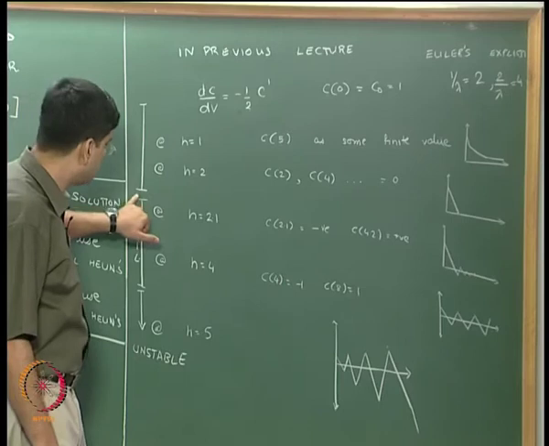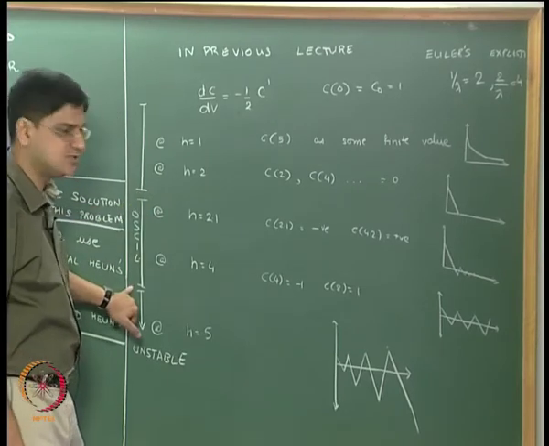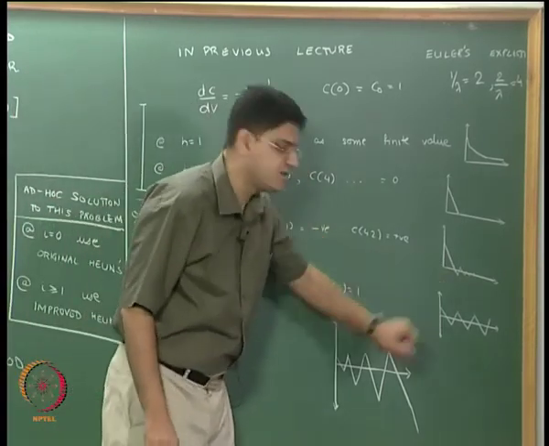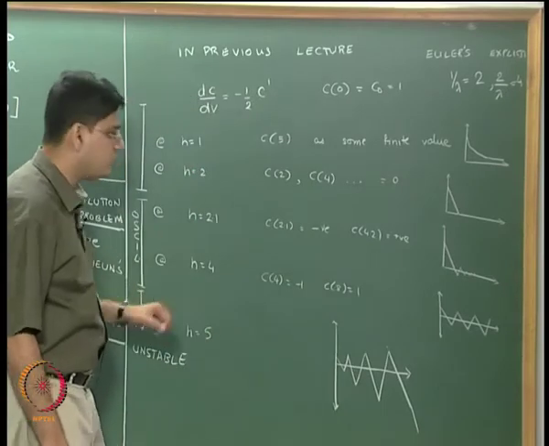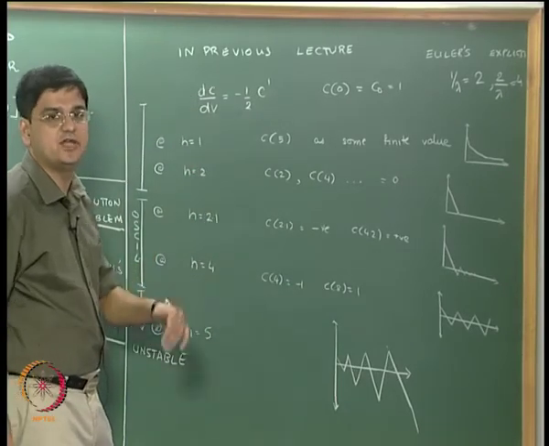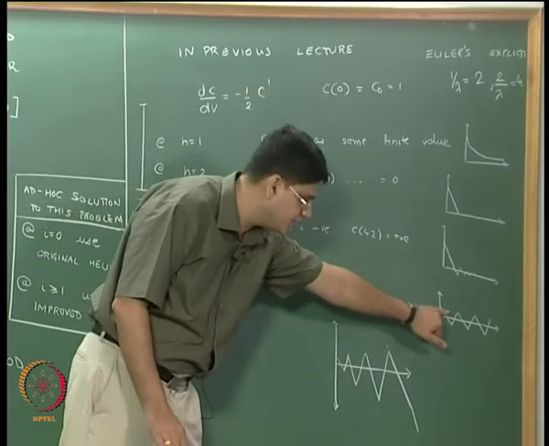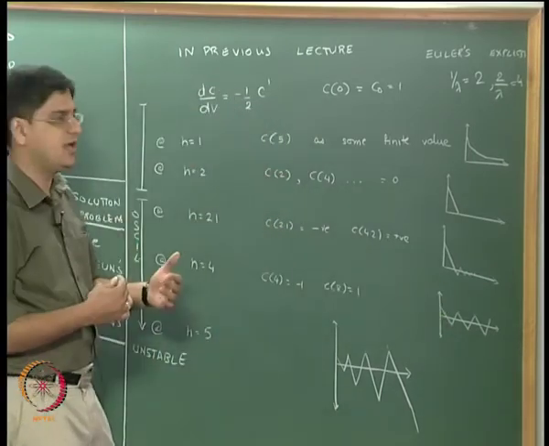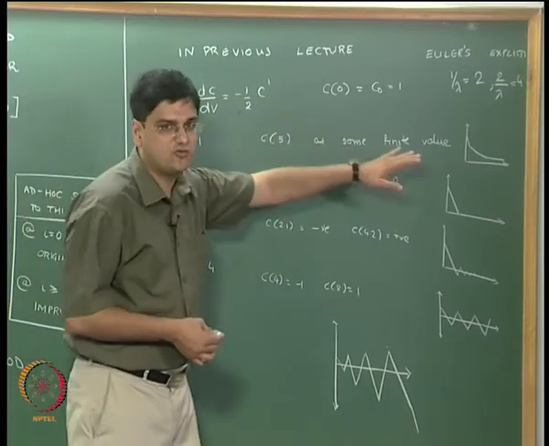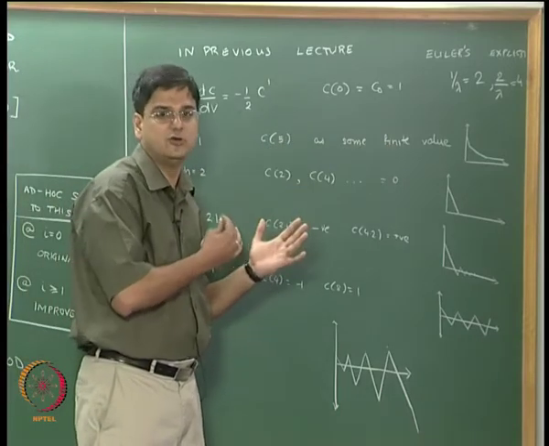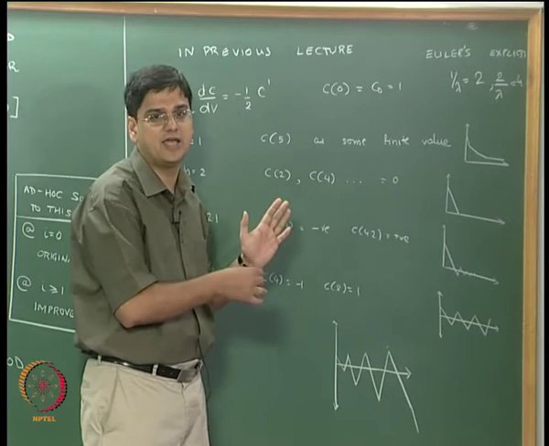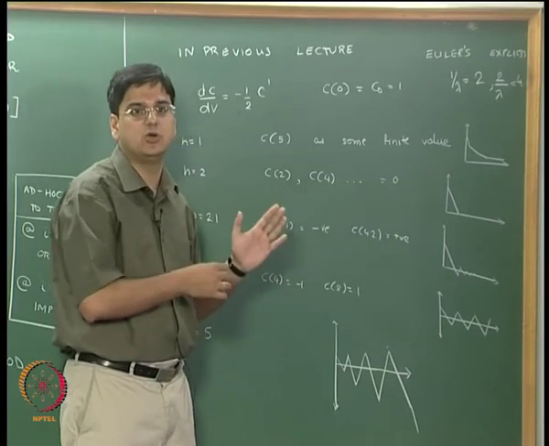Between 2 and 4 we get stable but oscillatory behavior. At 4 we get exactly oscillatory behavior, the oscillations do not increase, they do not dampen, they keep going like this, because when h equals 4 our alpha value, that is 1 minus lambda h, is going to be exactly equal to minus 1.